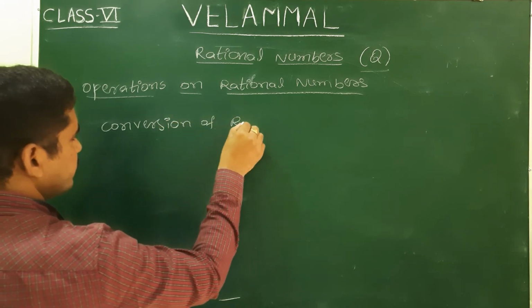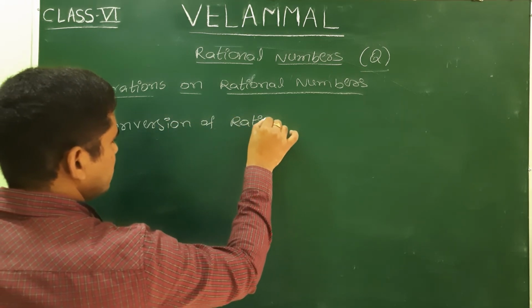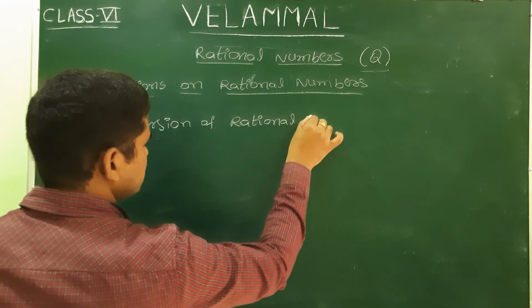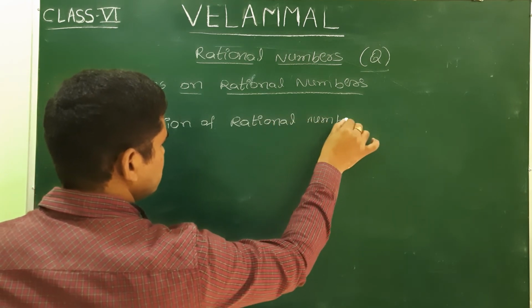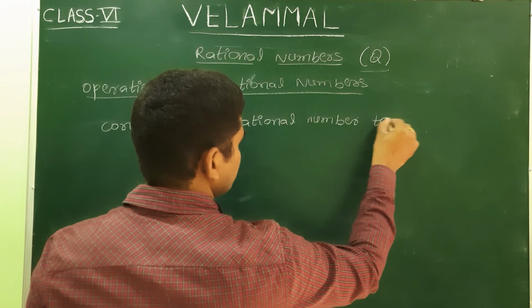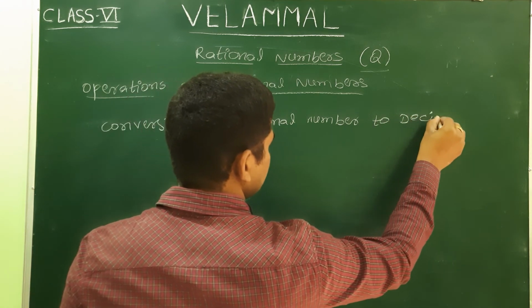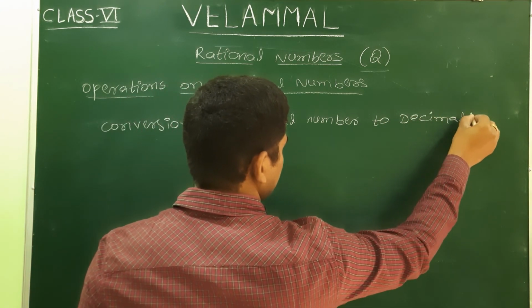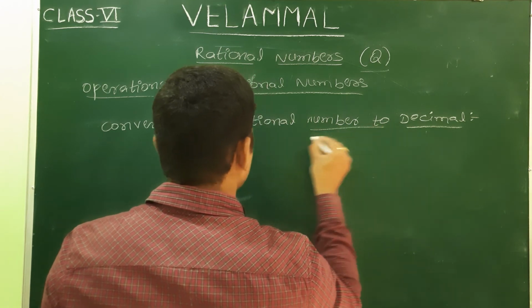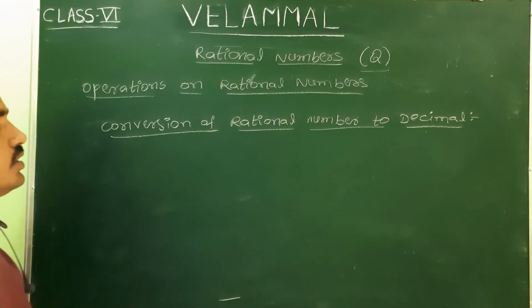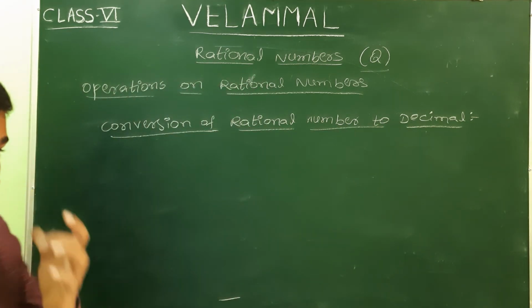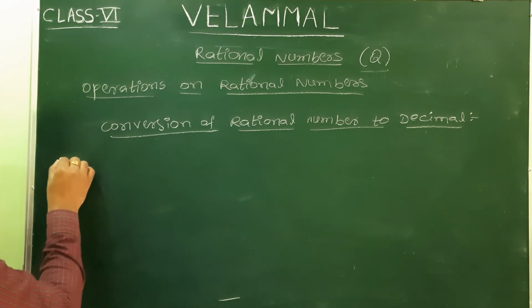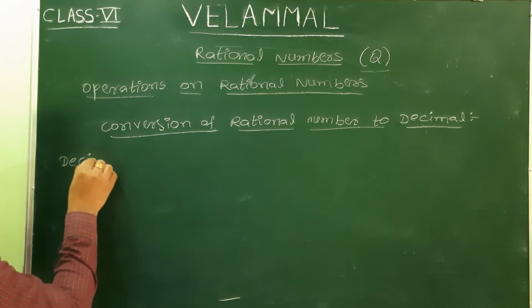Conversion of a rational number to decimal. Here we will have decimals in different types.